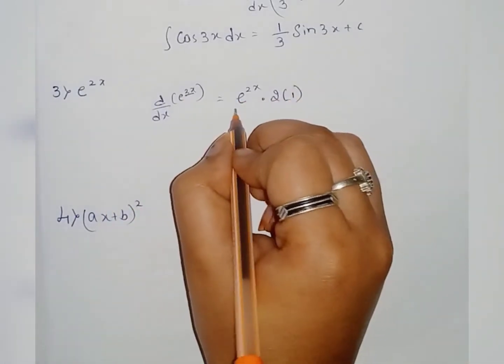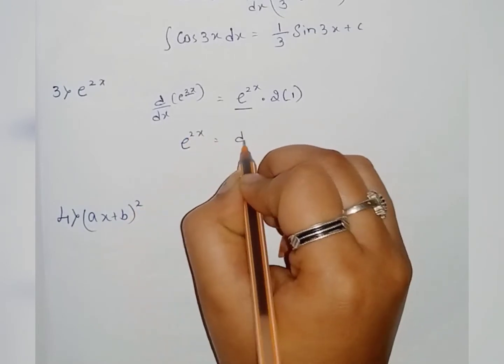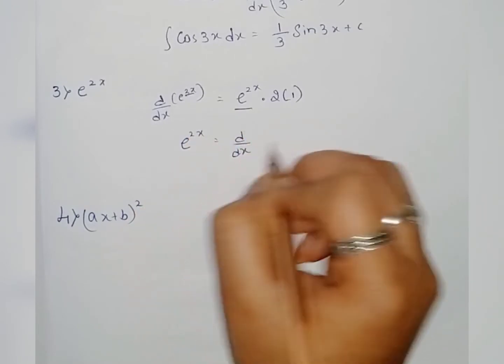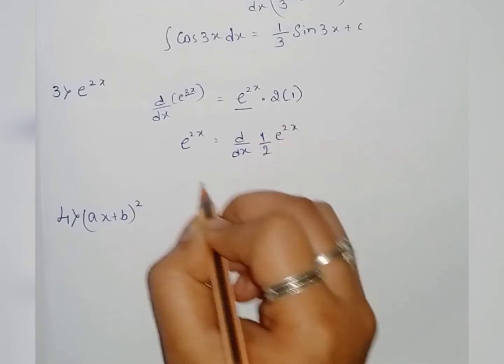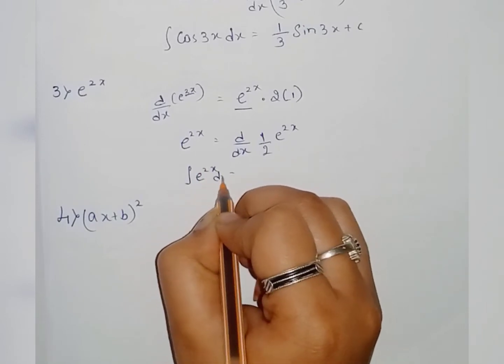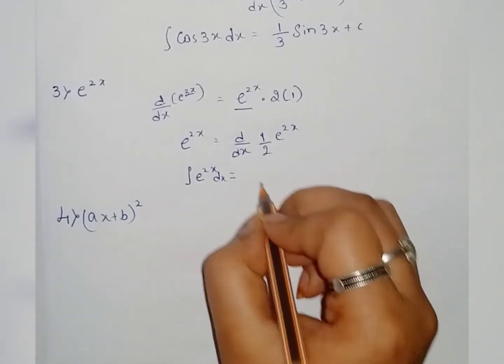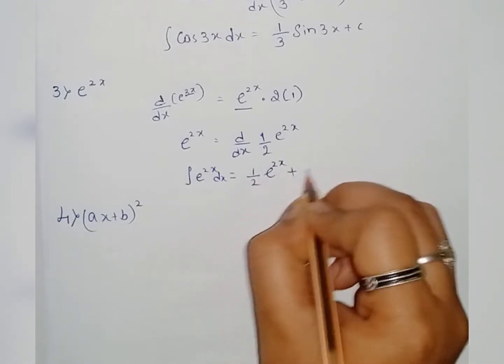We need e power 2x, so e power 2x is d by dx of 1 by 2 e power 2x. On integration, integration of e power 2x dx is equal to half e power 2x plus c.